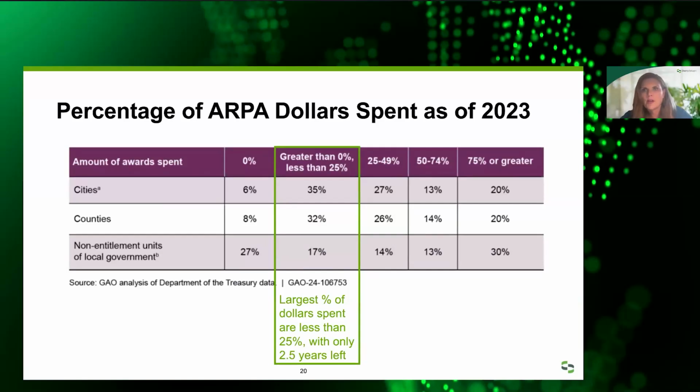So percentage of ARPA dollars spent, you'll notice that the largest percent of dollars spent are less than 25%. So if we only have 2.5 more years to spend it, what does that mean? And what if you get to 2026 and you're in the middle of a program and they take the money back? So are we protecting those funds and making sure that you have leveraged them in every way possible from being taken back?